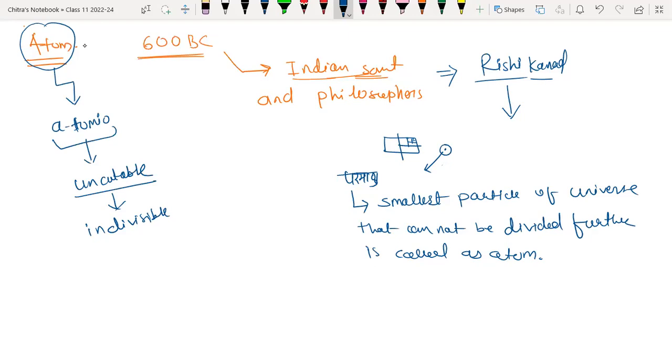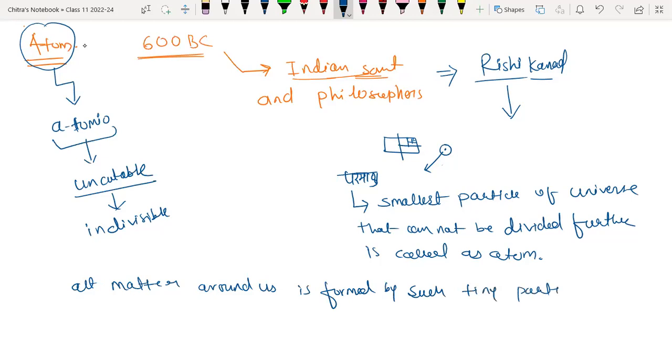He also mentioned that whatever matter we have around us, all the matter around us is formed by such tiny particles called atoms.